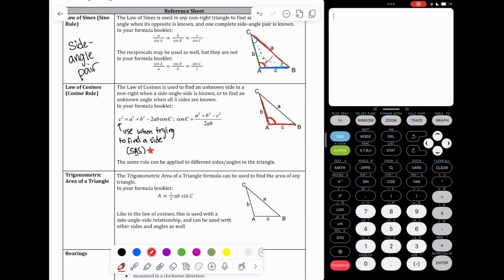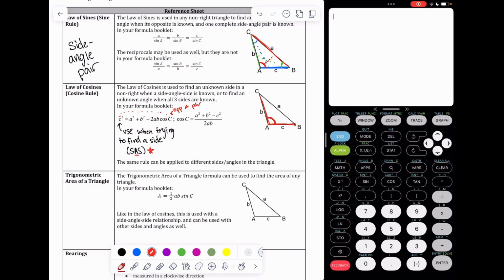And when we do use this formula, it is really important that whatever side we're trying to find is connected to its paired angle, so it's the opposite pair. So this right here is the opposite angle pair.